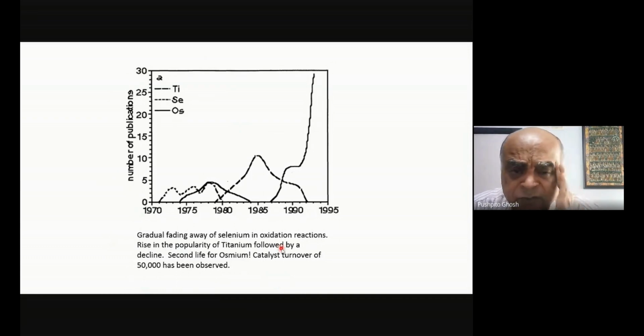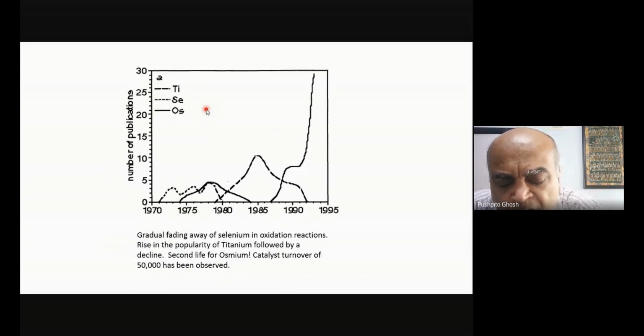And the interesting thing is that Sharpless also gives us a plot which I found quite interesting. And he talked about his passion for these kinds of elements. There was a time, long back, when selenium dioxide used to be used as an oxidizing agent.